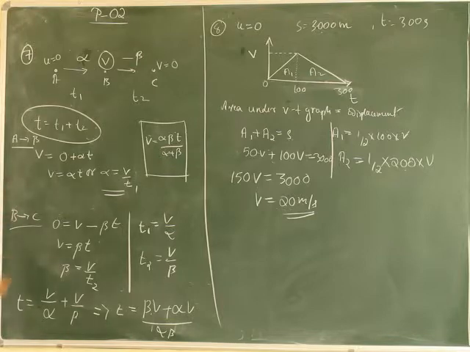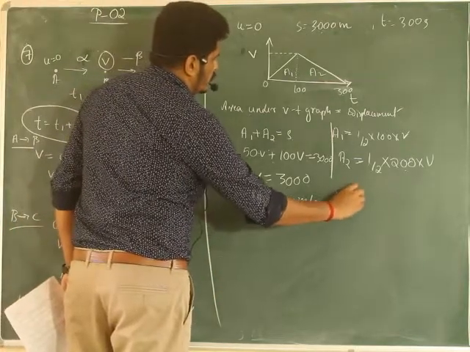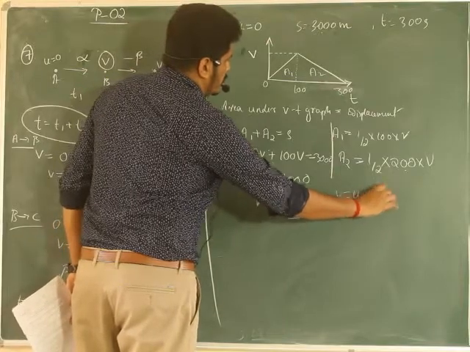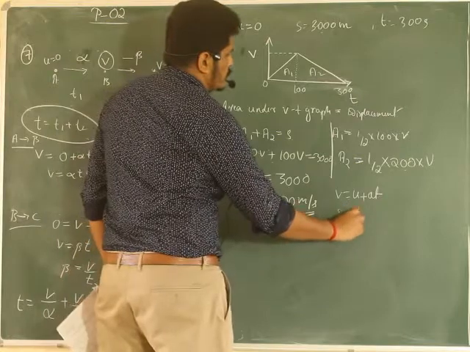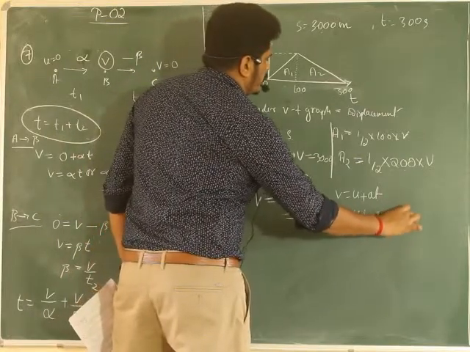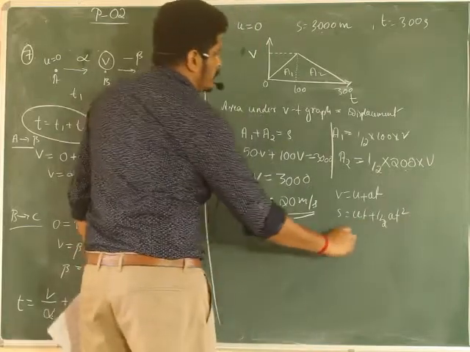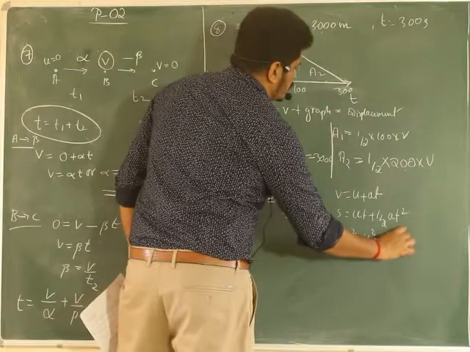You can substitute in any of the cases, using the formula V equals U plus AT, or S equals UT plus half AT square, or V square equals U square plus 2AS.